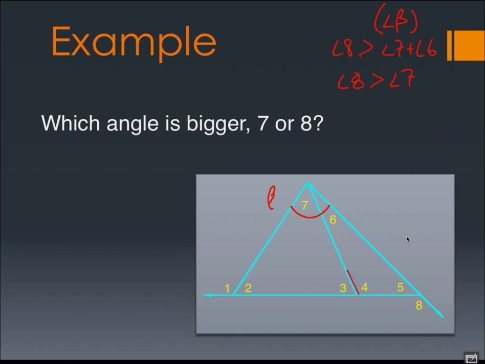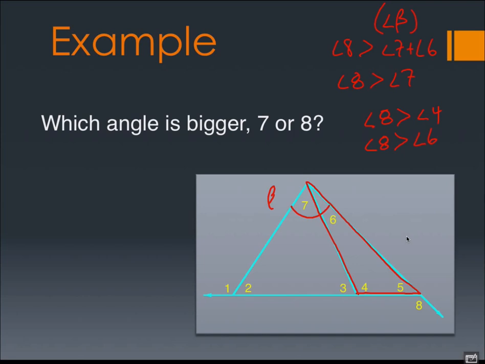If I look at this triangle, then I know that angle 8 is greater than angle 4, and angle 8 is greater than angle 6. That's just an application of the exterior angle inequality.